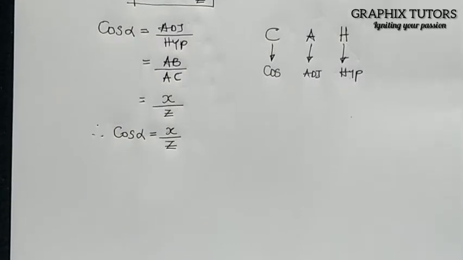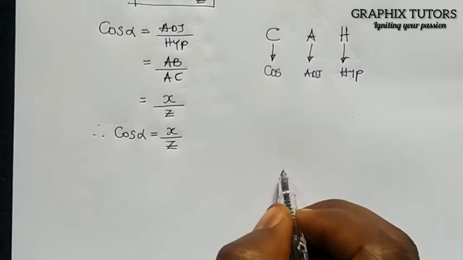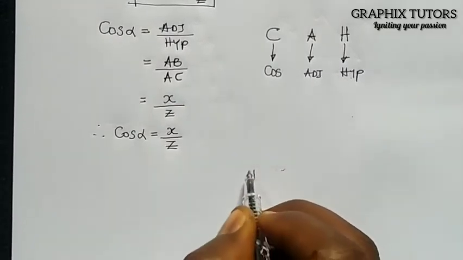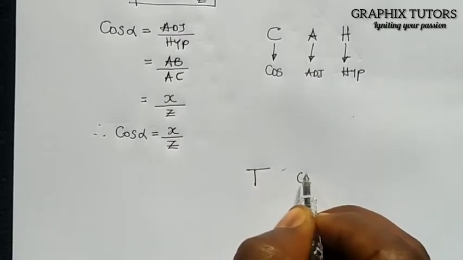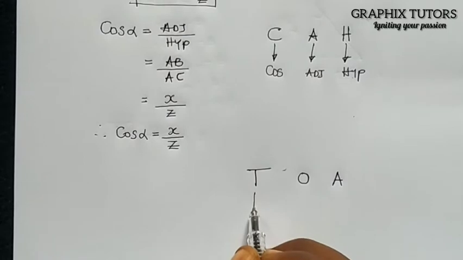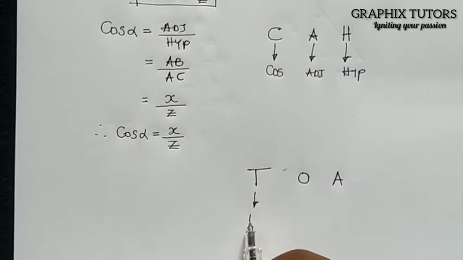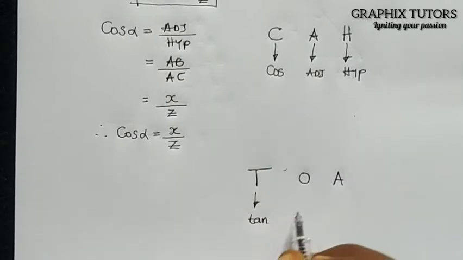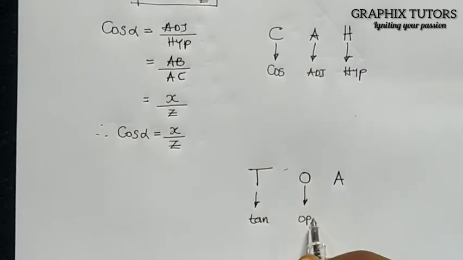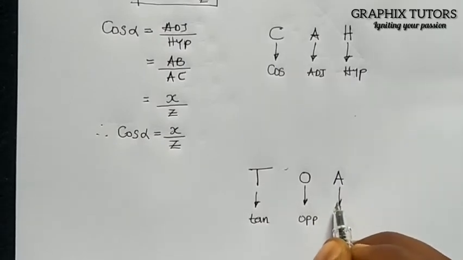We have TOA from the word SOH CAH TOA, right? So we're talking about TOA now, and that will be T, O, A. The T here is from what? Tangent, which is tan. The O here is for opposite, and the A here is for what?